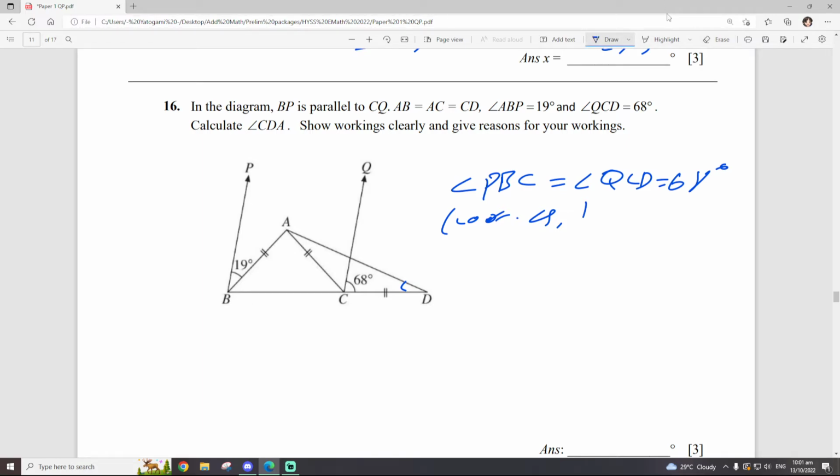It is given. Okay, so we have 68 degrees here. So therefore angle ABC equals 68 degrees minus 19 degrees, which is 49 degrees, and there's no need to give a reason for this. There's no special reason for this. You don't need to quote any reason.